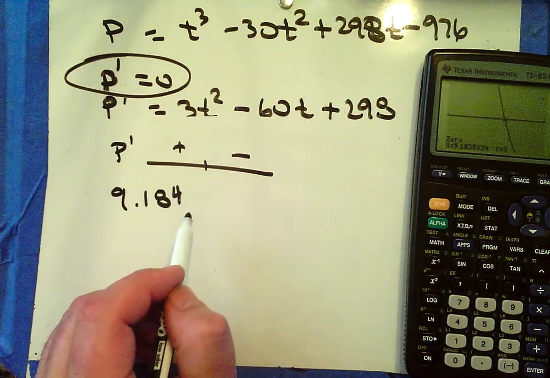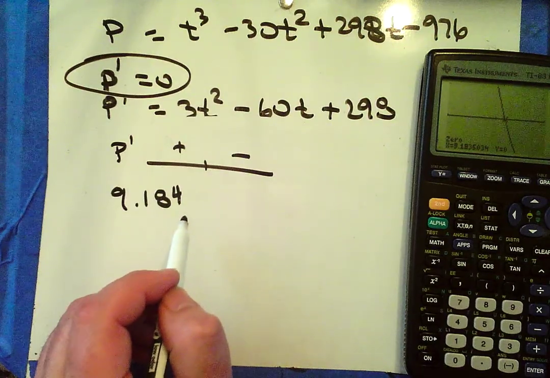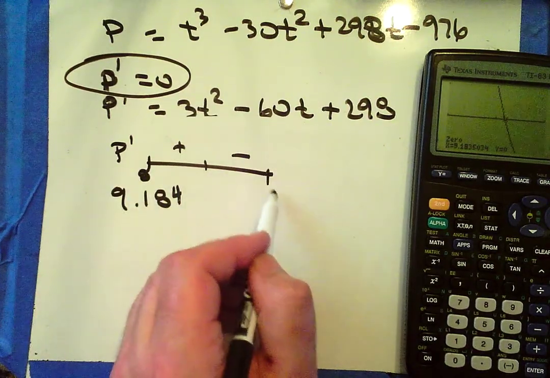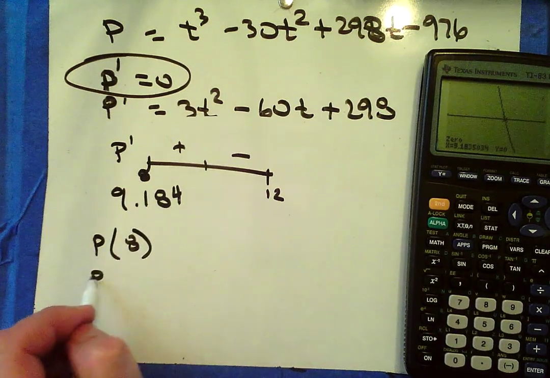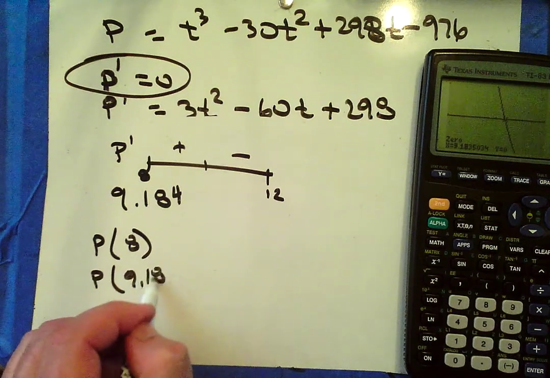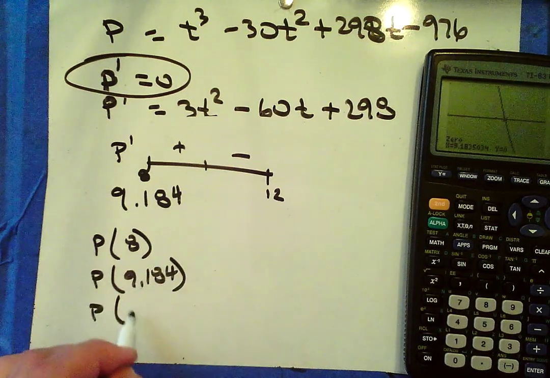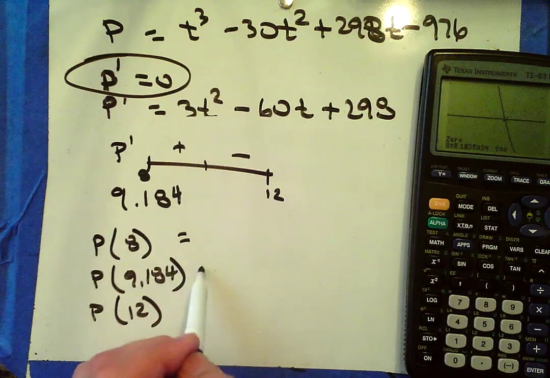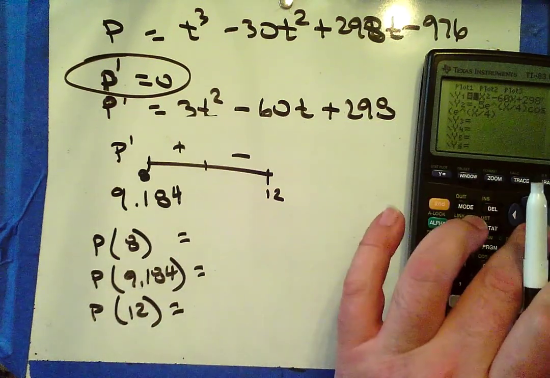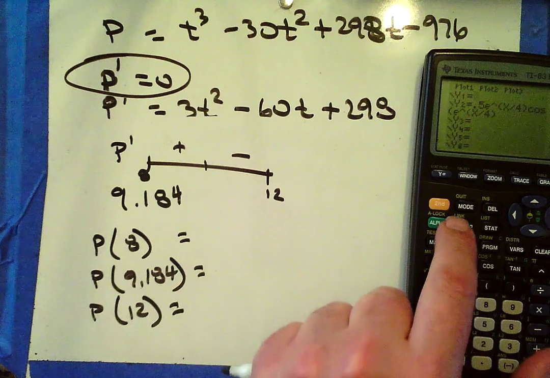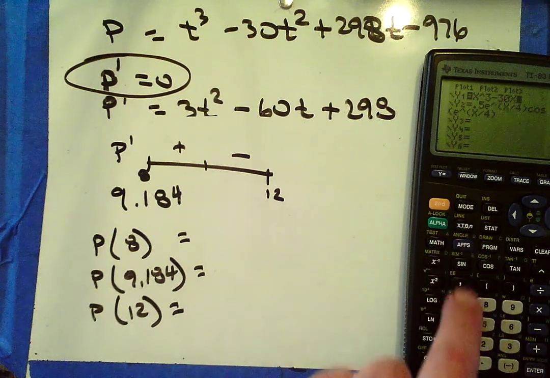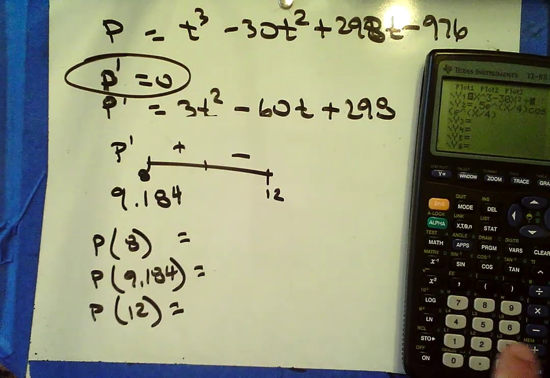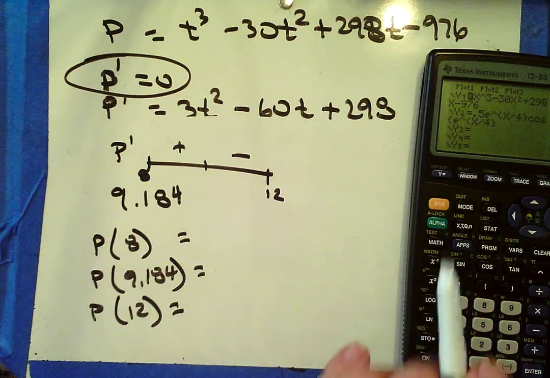Fabulous. Okay. So I've got 8, I've got 12, and I want to consider p of 8, p of 9.184, and p of 12. I want to do a candidates test here. Since I'm allowed my calculator, it's not going to take that much time. I just need to be careful about typing in this function. 30t squared plus 298t minus 976.